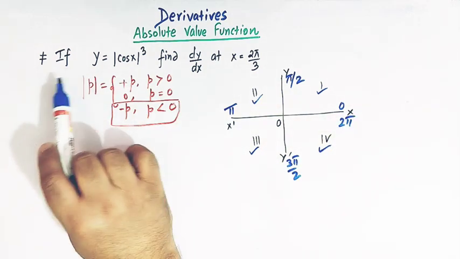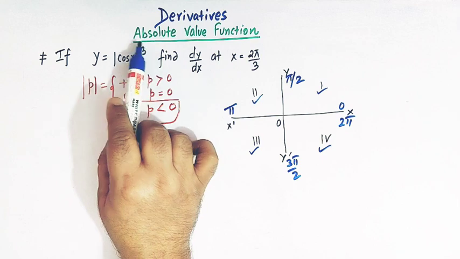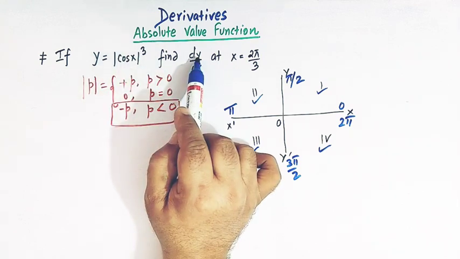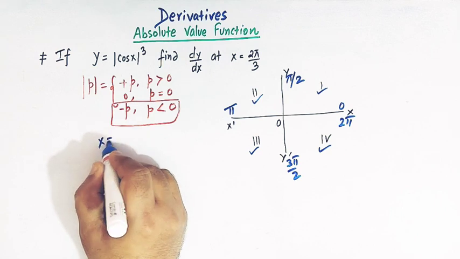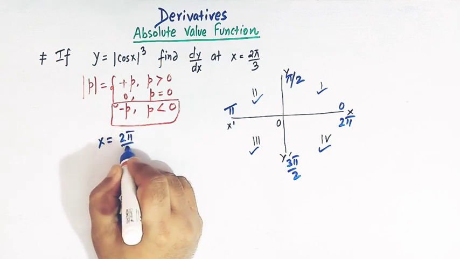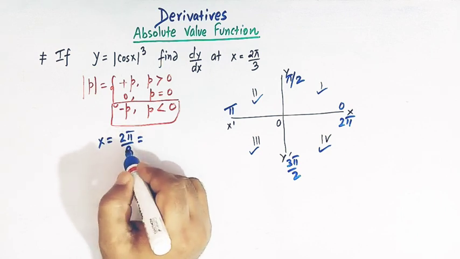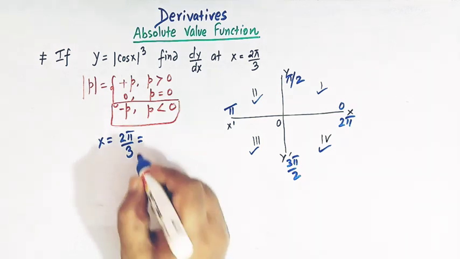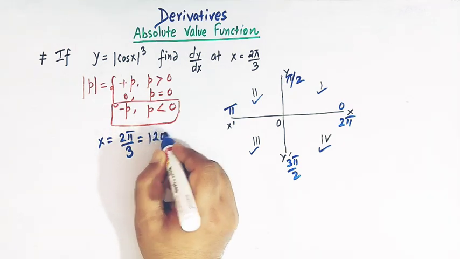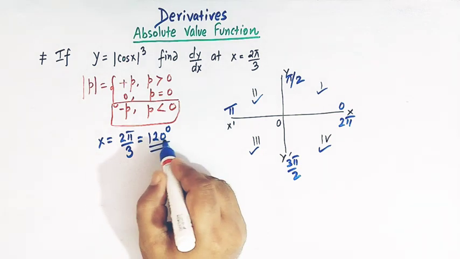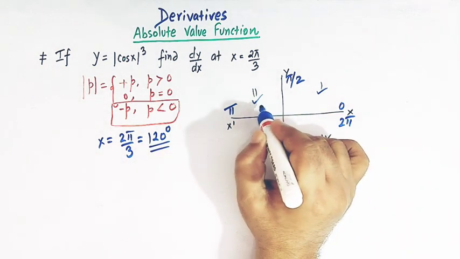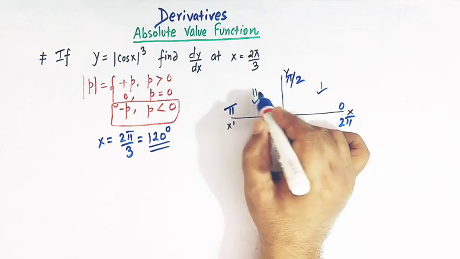Now we have to find the derivative of y with respect to x at x is equal to 2 pi by 3. If we calculate this angle in terms of degrees, we'll get 120 degrees, and this angle falls in the second quadrant.